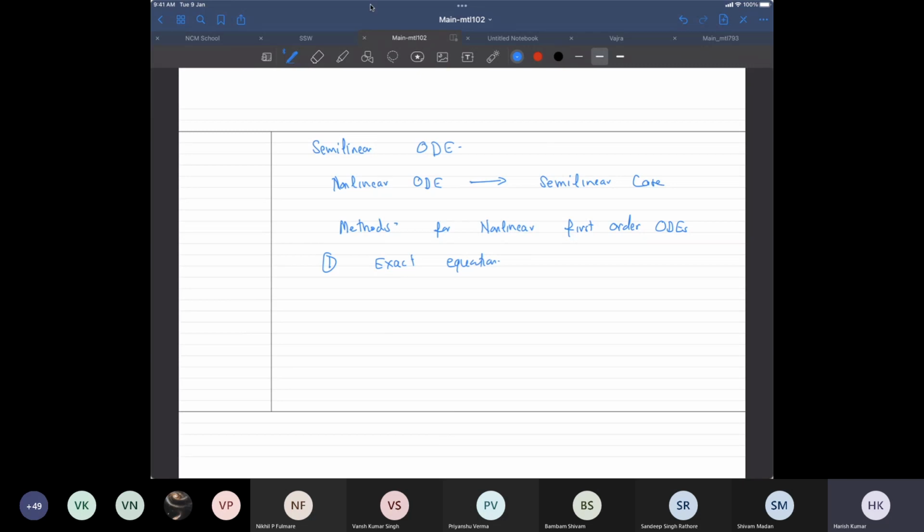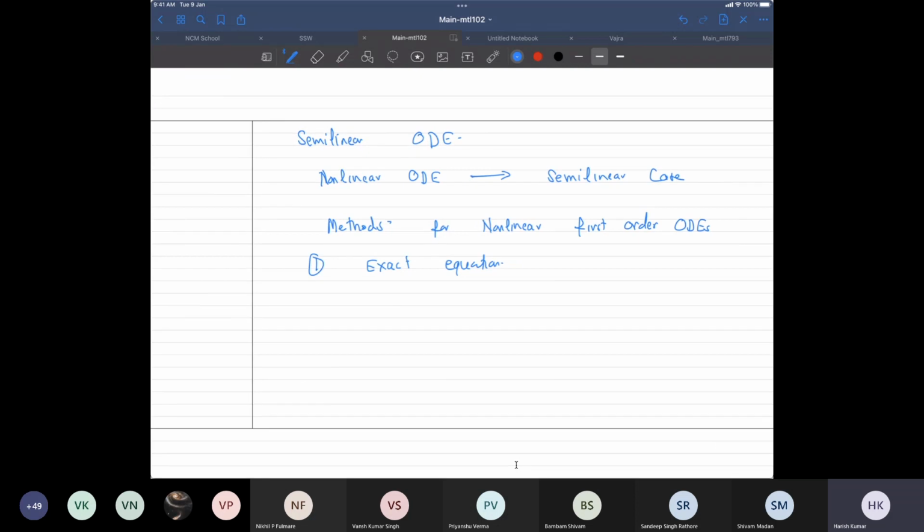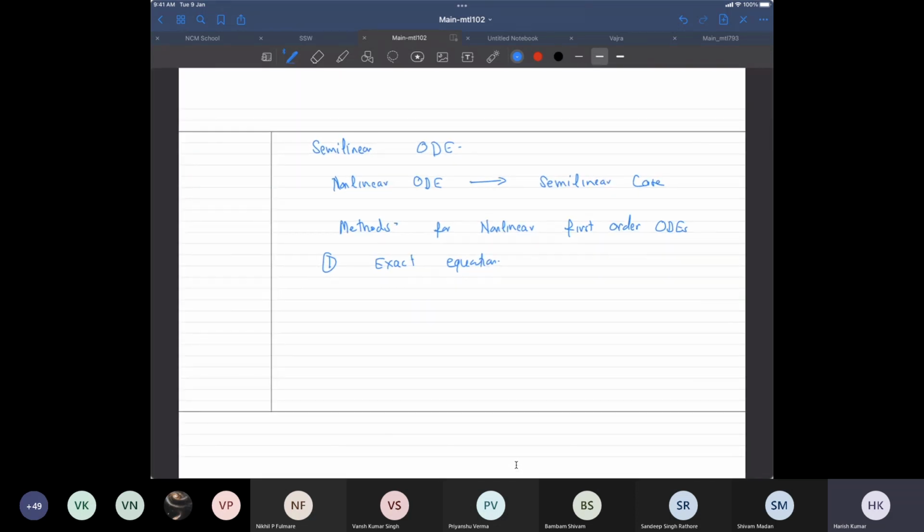So the idea is to basically fill in the gaps, whatever gaps you had left in the first year. And those gaps were theoretical. These were not method gaps. You already know all the methods. So basically you already know what an exact equation is, and if you don't have the exact equation, you can try to make it exact by finding an integrating factor.